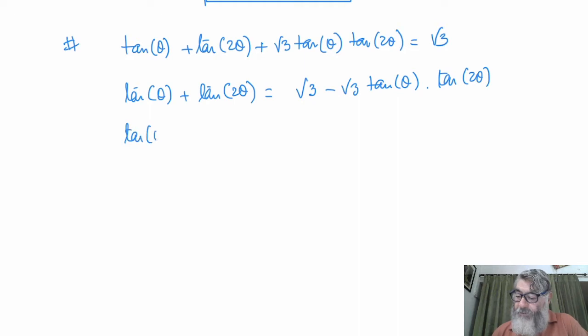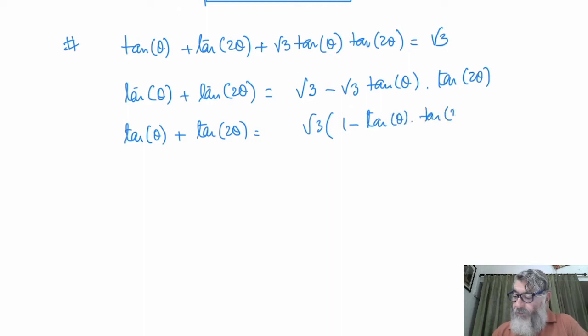Tan theta plus tan 2 theta is equal to root 3 times, if I take common, 1 minus tan theta and tan 2 theta.